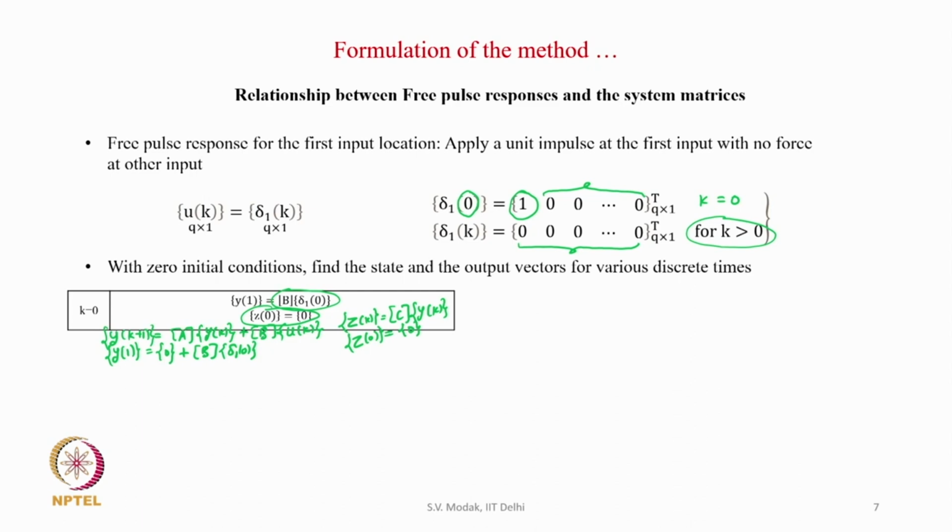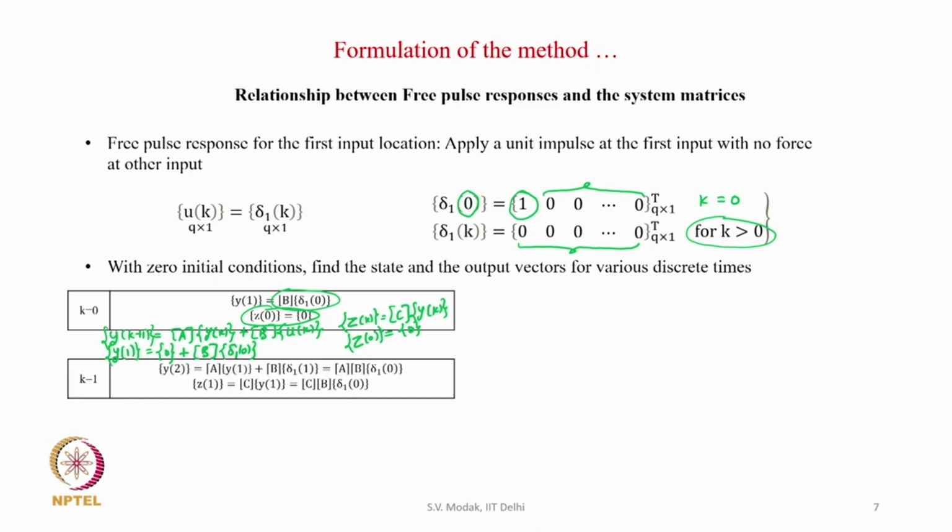Now, we repeat this process for k equal to 1. So, the state vector at the next instant is y2 and that is equal to A into B into delta 1 0, and the output z1 is C B delta 1 0.